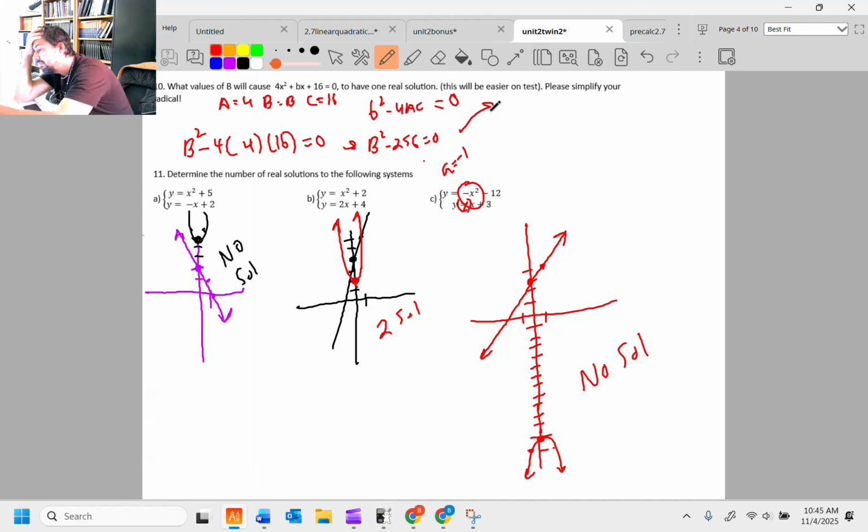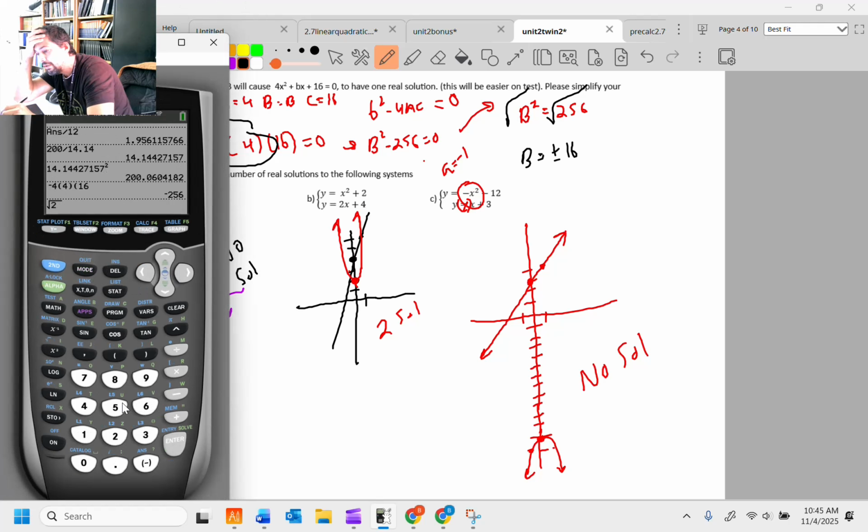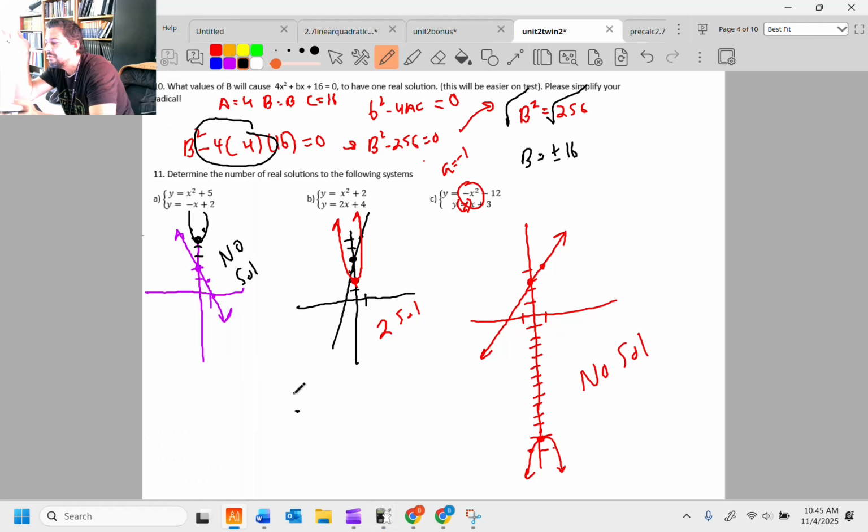The easiest way to figure this one out is to shift the 256 over and then fix b squared by square rooting. And I don't know if you caught on to this, but it took a pair of 16s to do it. B is plus or minus 16. There's some things that you're expected to know, and you're supposed to know that 256 is a perfect square. It is 16 squared. So plus or minus 16 is the solutions.